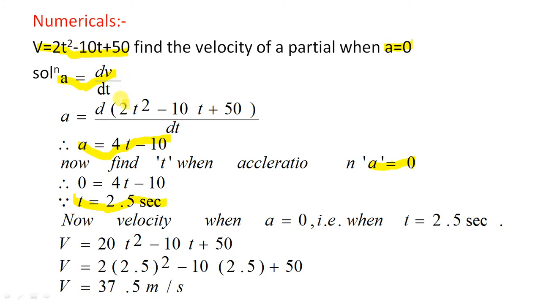Now substituting this value in the equation v is equal to 2t square minus 10t plus 50, where t is equal to 2.5, you will get the value of velocity, that is 37.5 meter per second, which is your velocity when A is equal to 0. So it is a quite simple problem, maybe asked for 3 marks.